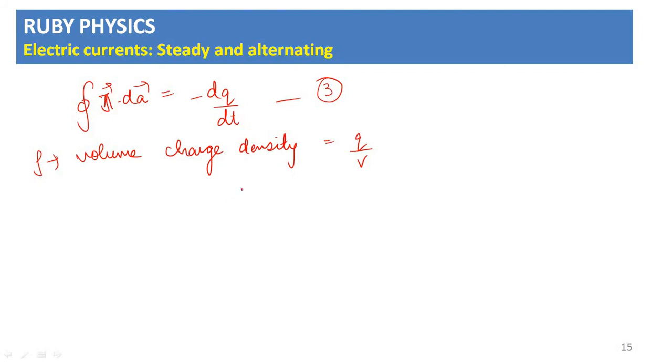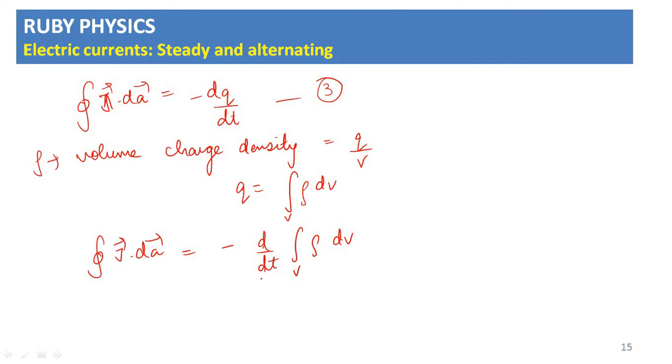So I can write the charge in terms of rho as the volume integral of rho dV. Putting this value of q in equation 3, we get the integral of J dot dA is equal to minus d by dt of the integral of rho dV.